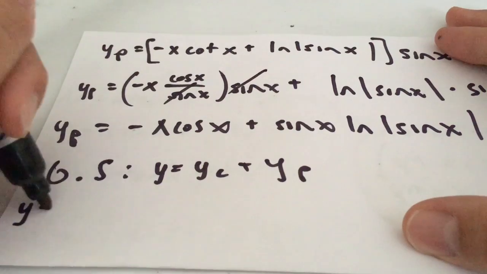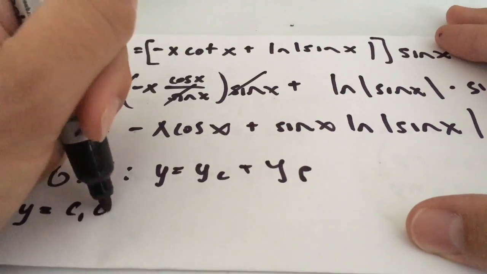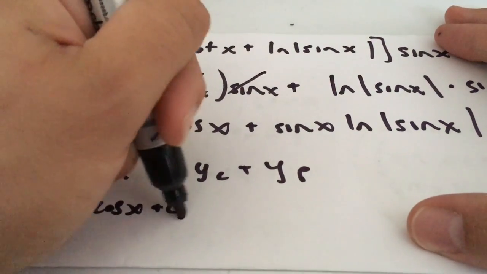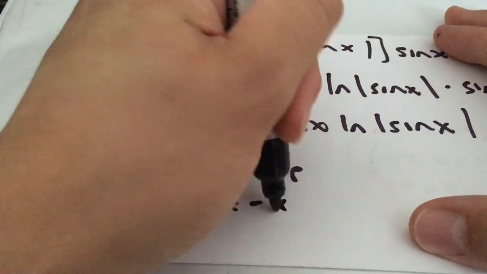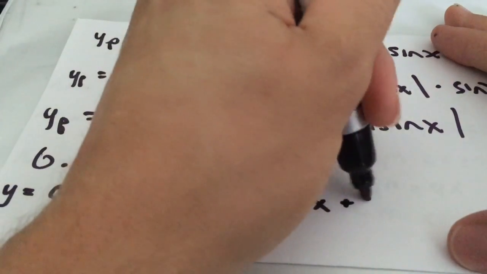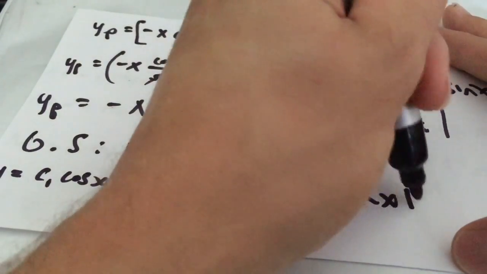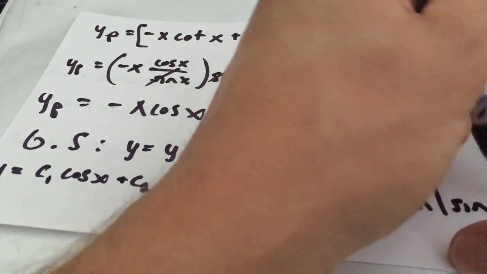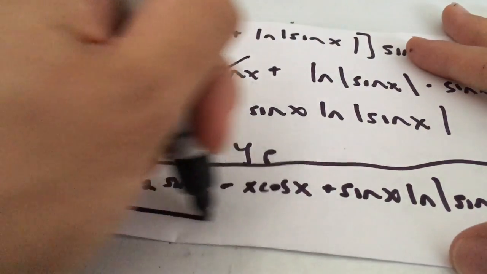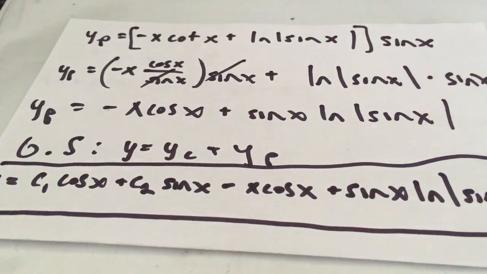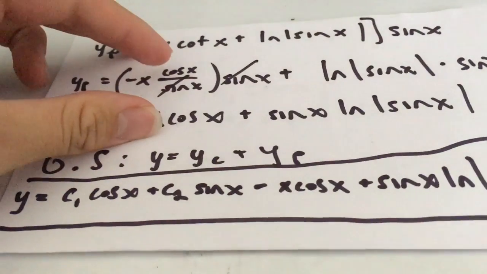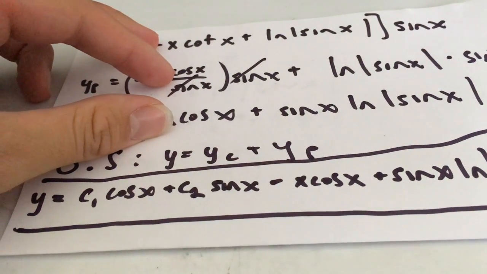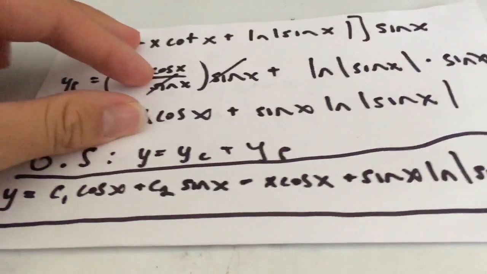So we are left with y equals c1 cosine of x plus c2 sine of x minus x cosine of x plus sine of x times the natural log of the absolute value of sine x. And that is the general solution to the reduction of order formula, using the reduction of order to solve this second order linear differential equation.